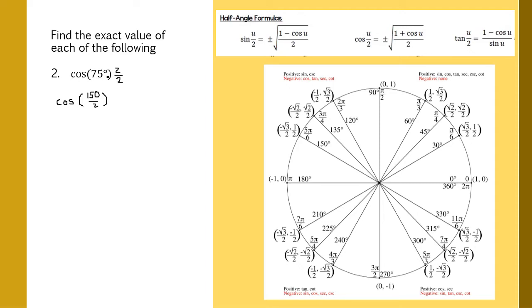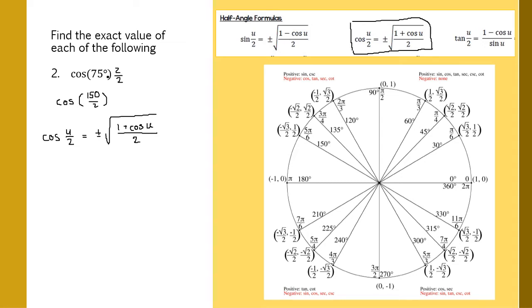We can use the half angle identity for cosine. So cosine of an angle divided by 2 is equal to plus or minus the square root of 1 plus cosine of u, over 2. So in my instance, if I copy this down, cosine of u over 2 is equal to plus or minus the square root of 1 plus cosine u, divided by 2.